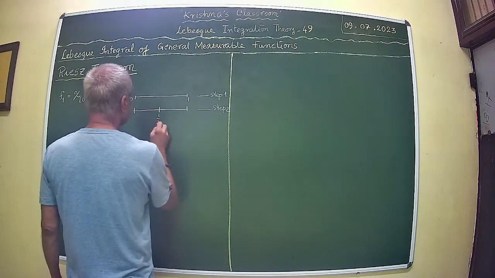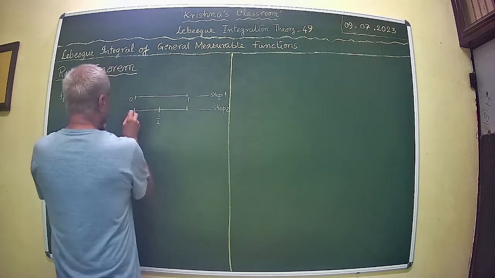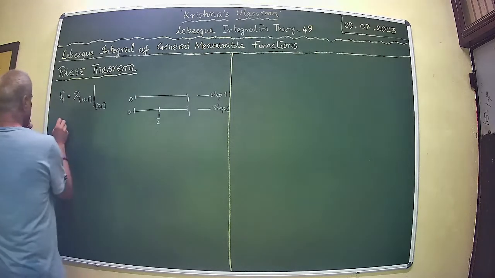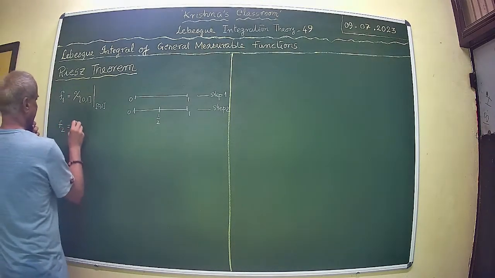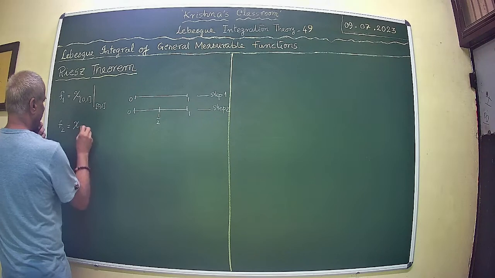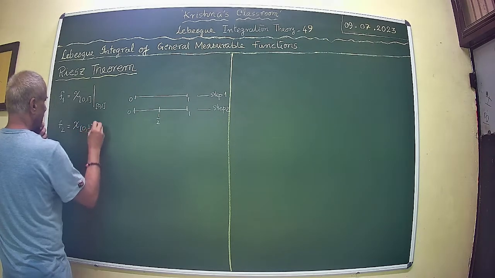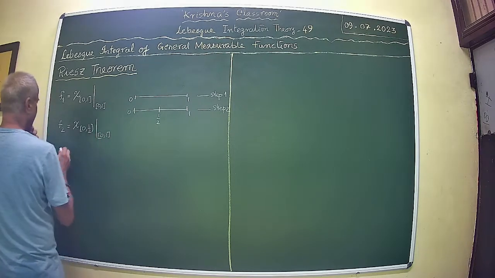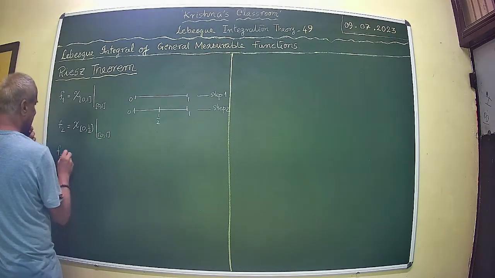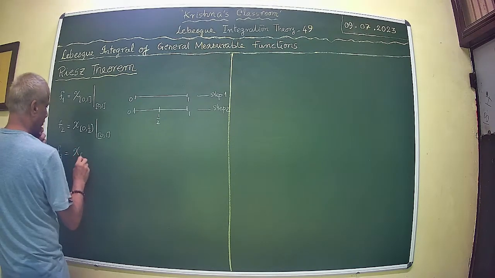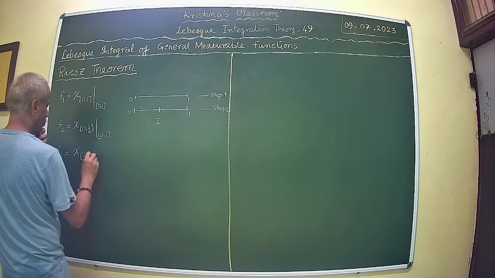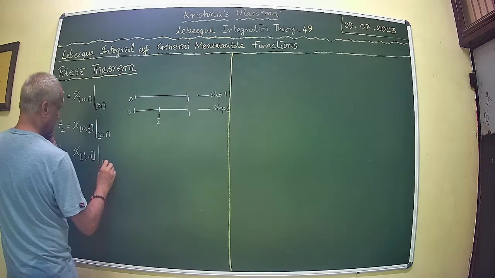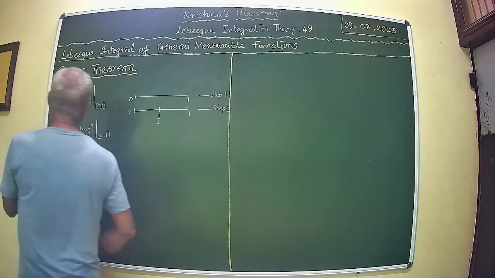Divide this at half, and then you have two functions defined: f2 as the characteristic function of 0 to half restricted to the interval 0, 1, and f3 as the characteristic function of half to 1 restricted to 0, 1.